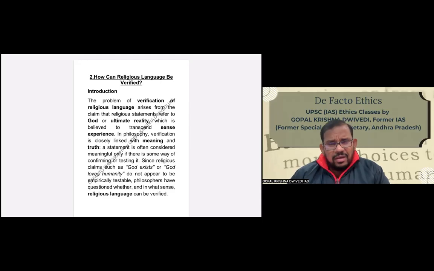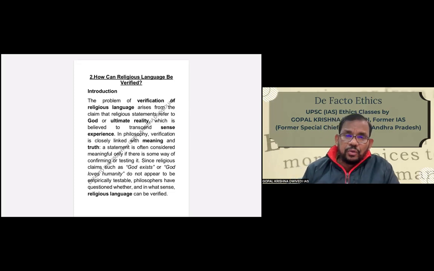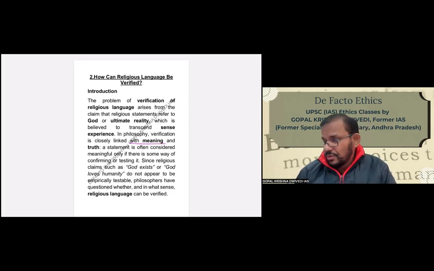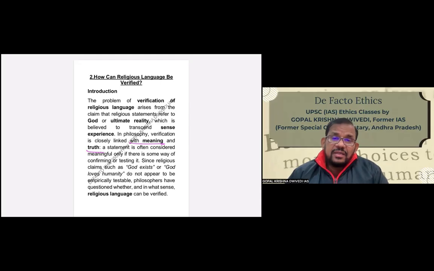Now, definitely in philosophy, verification is closely linked with meaning and truth. So, a statement is often considered meaningful only if there is some way of confirming or testing it.